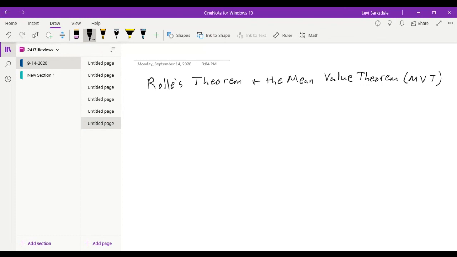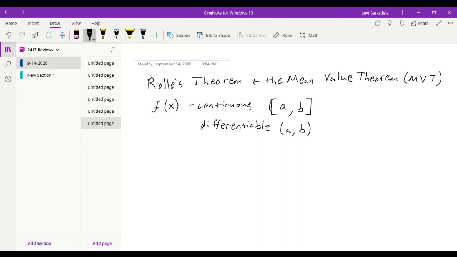I'll start by giving the formal definition. Let's say you have a function f of x, and we'll say it is continuous on the closed interval from a to b, and it is also differentiable on the open interval from a to b.